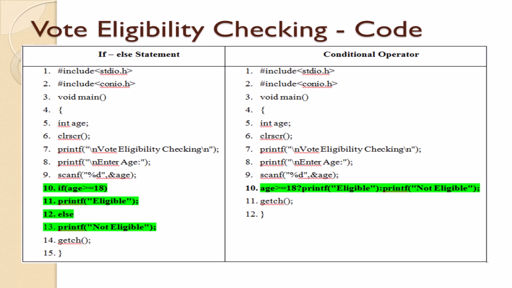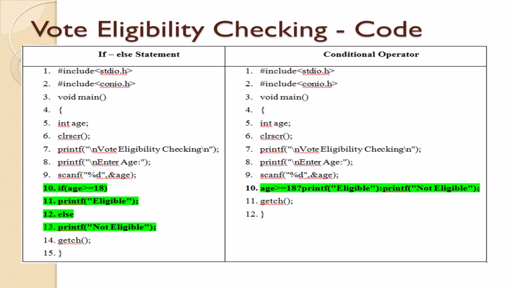Whereas in the right side column we can see that using the conditional operator we use only a single line. We did the same operation within a single line. You can see that line number 10 is a single line and it is the core logic of the program.